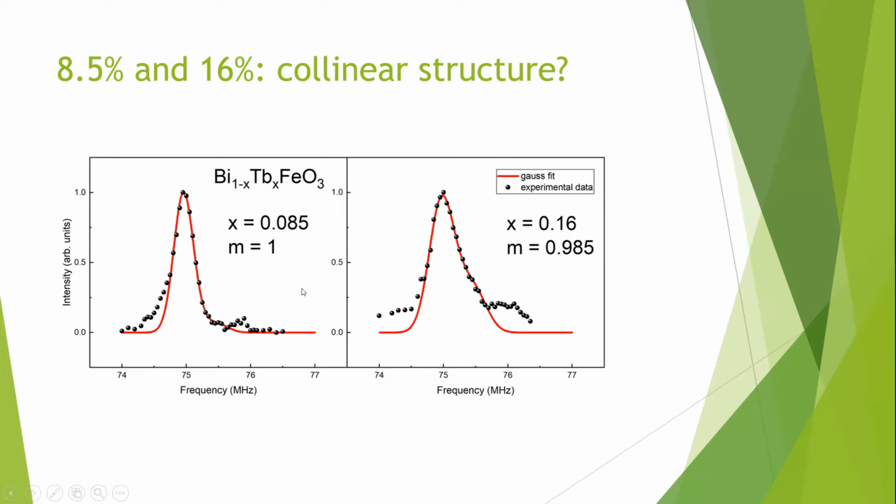But when we add some more terbium to this sample, at 16% terbium doping, we again see the remnants of the two-peak structure, which tells us that the spatial spin modulated structure is still preserved, and the anharmonicity parameter is a little bit smaller.